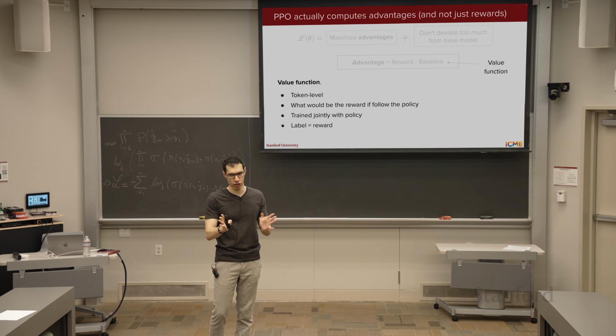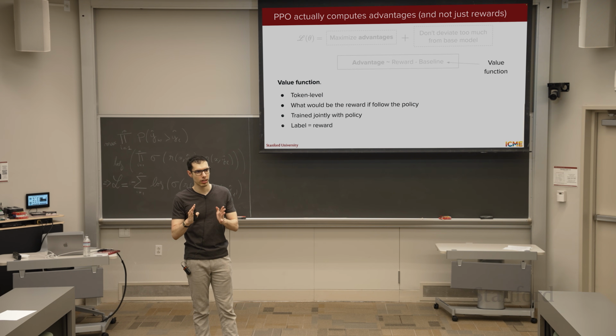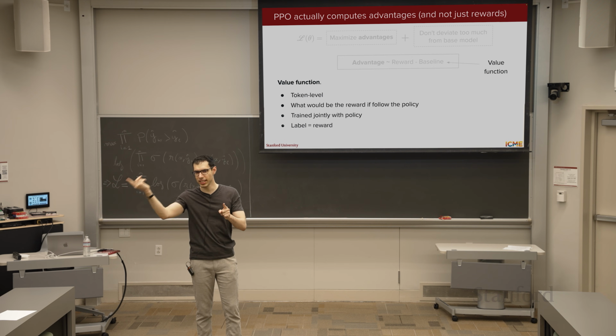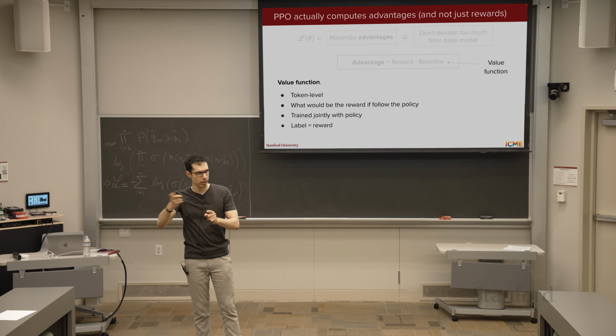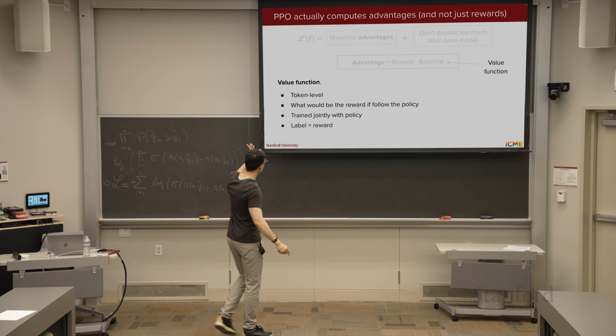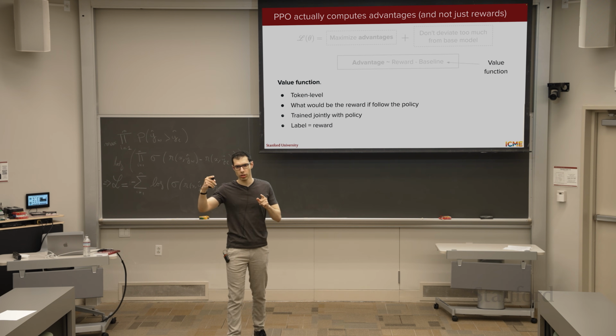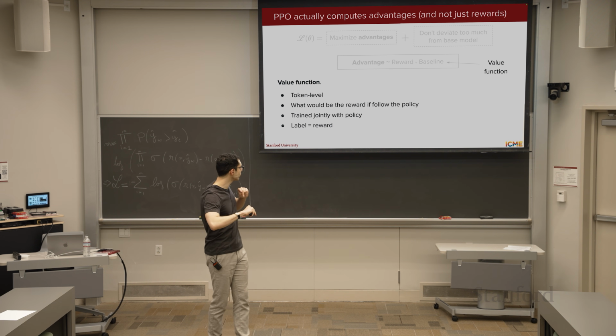The value function is a token level estimation of the reward that takes in a partial input and predicts the reward if you were to follow the policy in your generation.